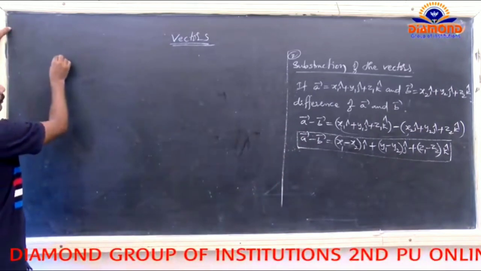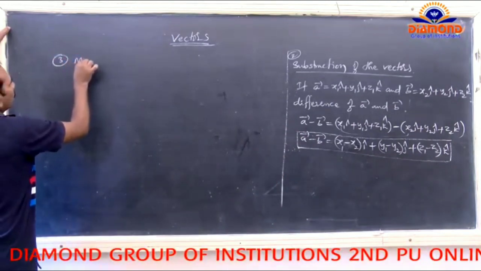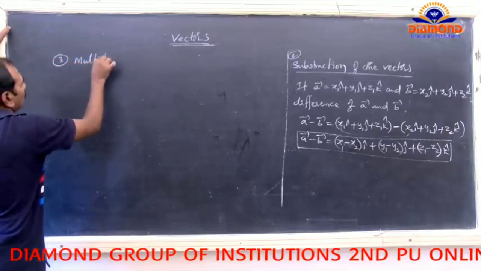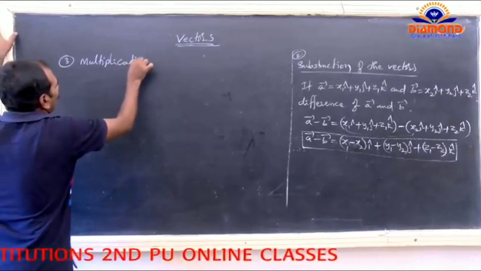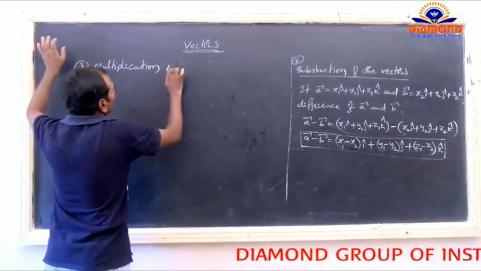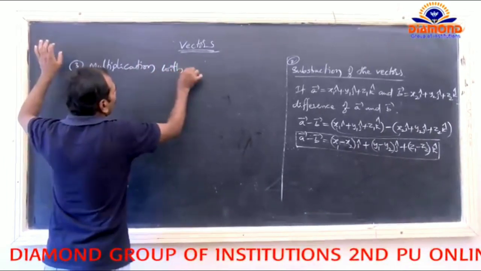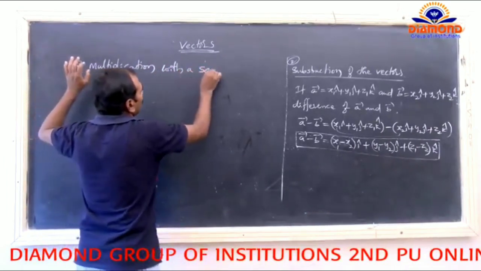Sum of the vectors, difference of the vectors. Next, third one: multiplication with a scalar.